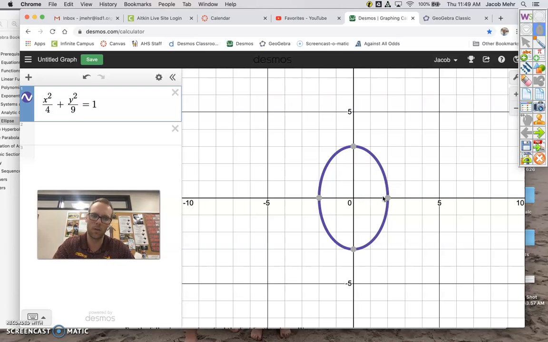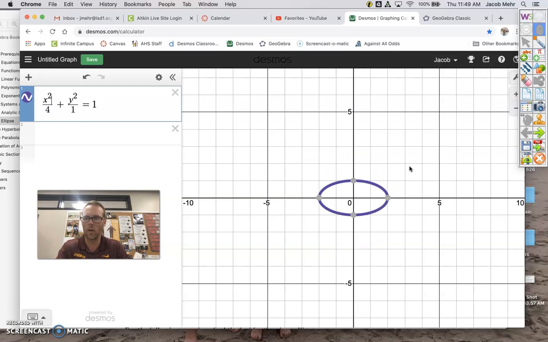So if we stretched out this axis by 2, and this axis by 3, we have an ellipse. That's how I like to build this off, because it's really closely related to a circle. In fact, we could write the equation of a circle using the equation of an ellipse. It's just the bottoms have to be 1.